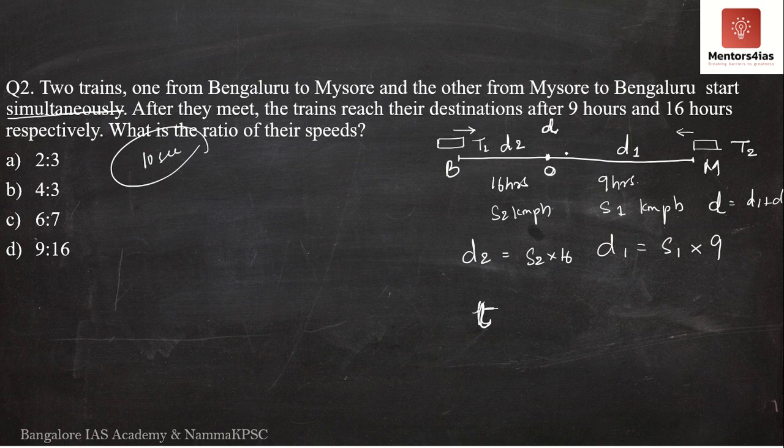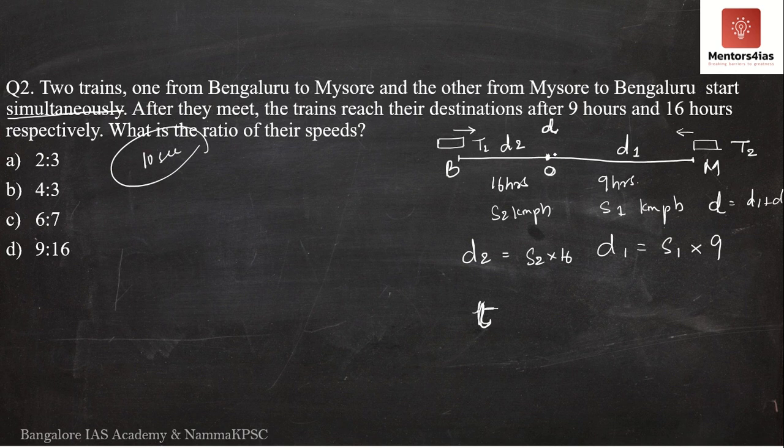Both the trains are meeting at this meeting point, that is O. Therefore, the first train takes time T to reach O from Bangalore, and train T2 will also take the same amount of time to reach the meeting point O, since they start simultaneously.